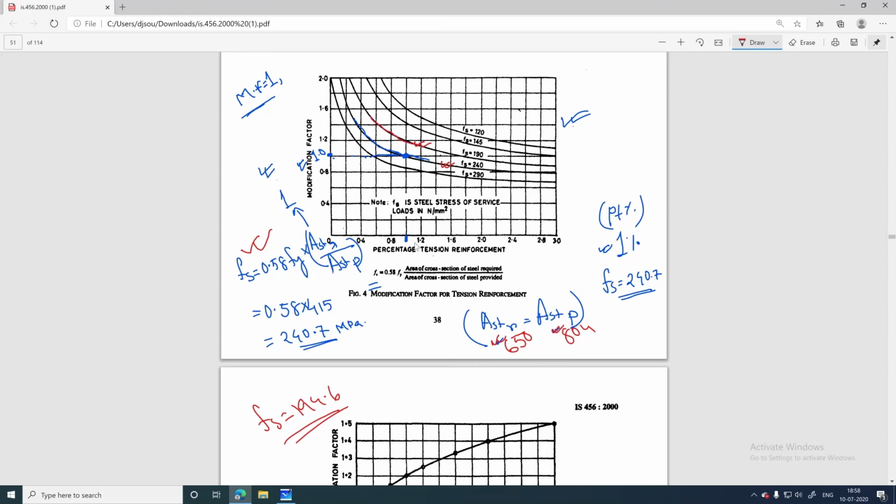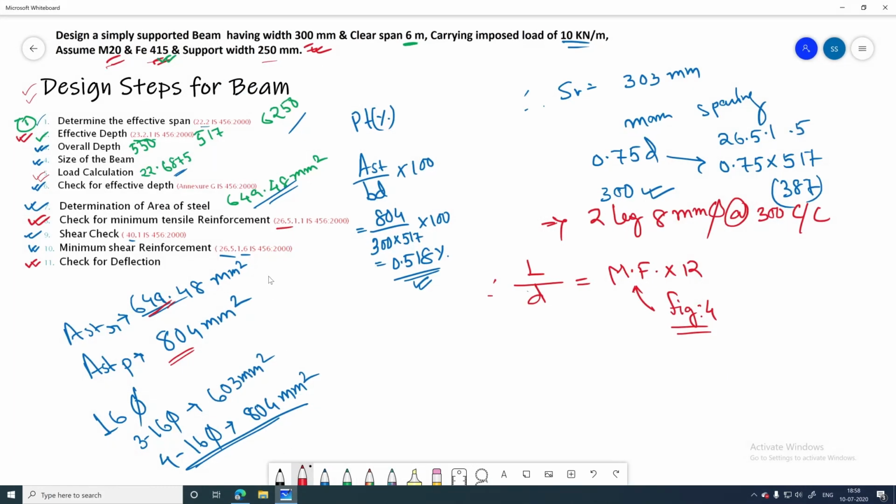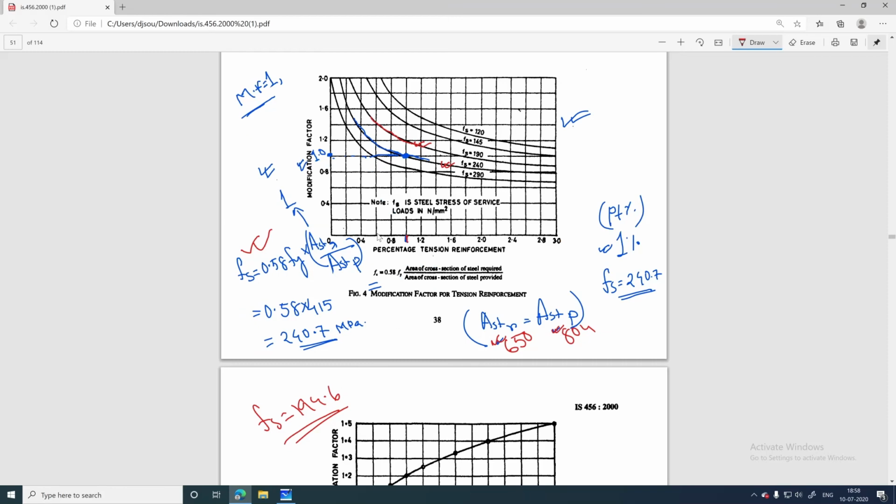Now the percentage of steel has also changed, because initially I considered this as 1%, but now our percentage of steel is 0.518%, right? So our percentage of steel lies at this particular point, because this is 0.4, this is 0.5, this is 0.6 in this position.